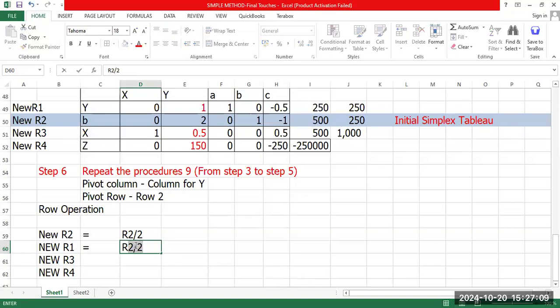The row you want to change, that is row 1, minus the figure you want to change. Here it is 1 times your pivot row, which is new row what? New row 2.